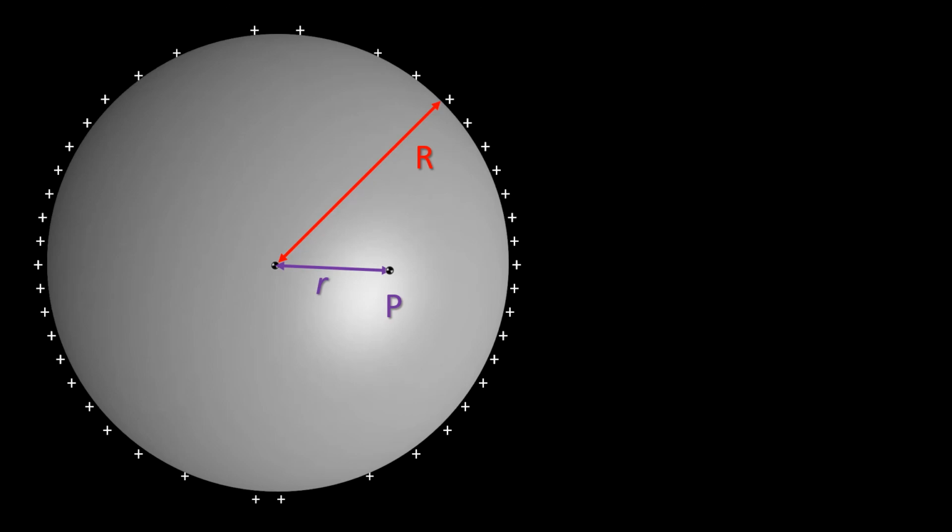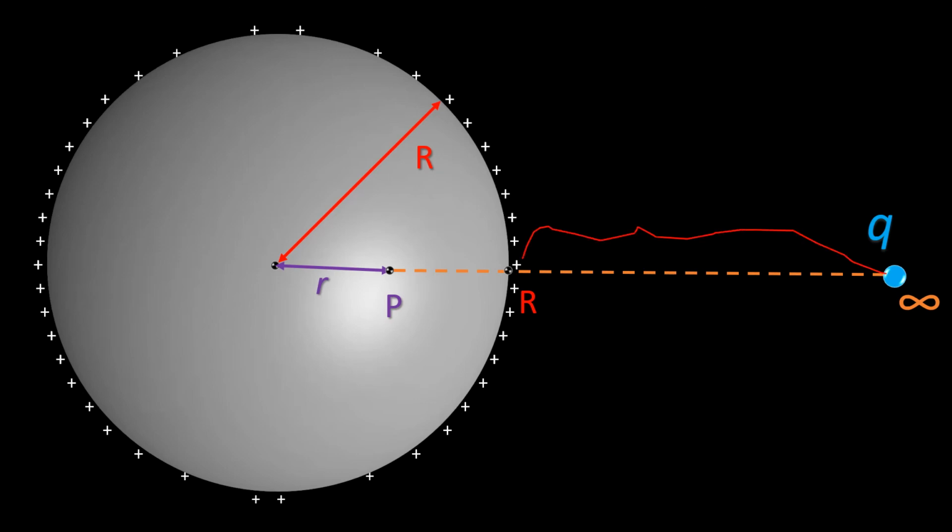Now there is one problem. What is the problem now? The problem is when we come from infinity, the electric field in this part is kq by r square, whereas the electric field from P to surface is not kq by r square, it is 0.